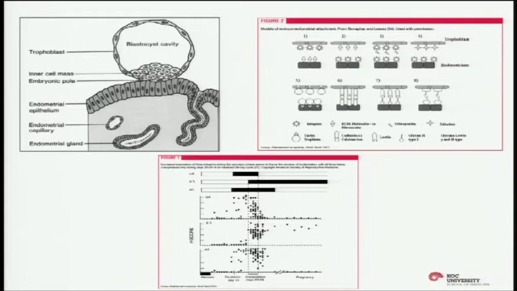Okay. So if you read any paper about embryo implantation, they always start with phrases like embryo implantation is a complicated process that requires harmonization of this and that, et cetera, et cetera. I mean, it's true. It's actually a complicated process. You need to have a competent blastocyst, which is supposed to secrete several molecules, okay?